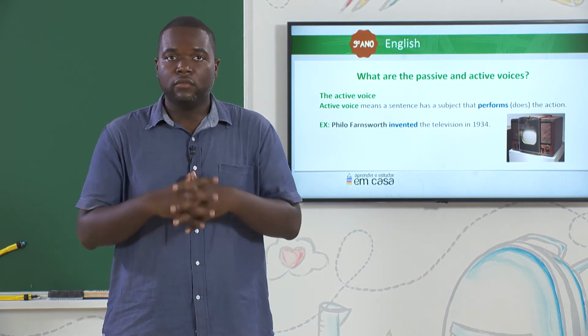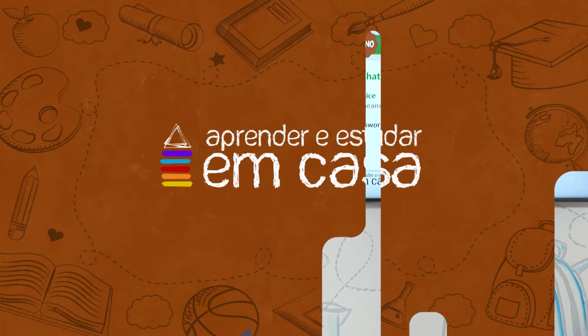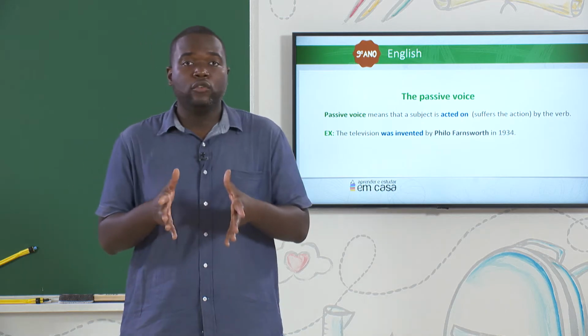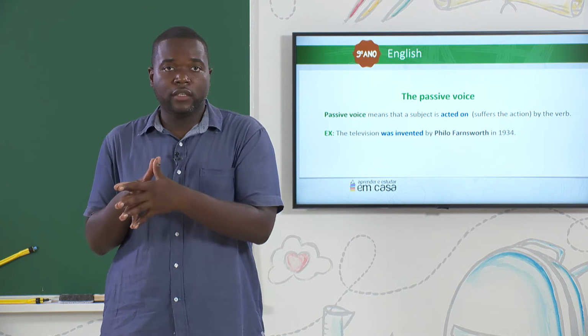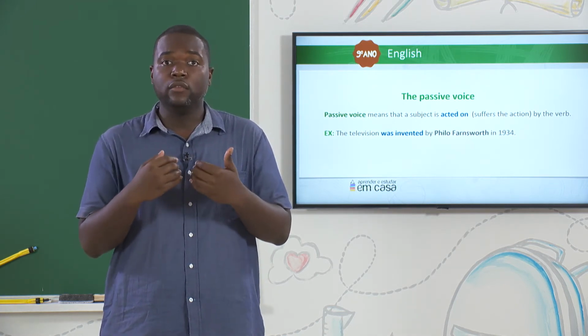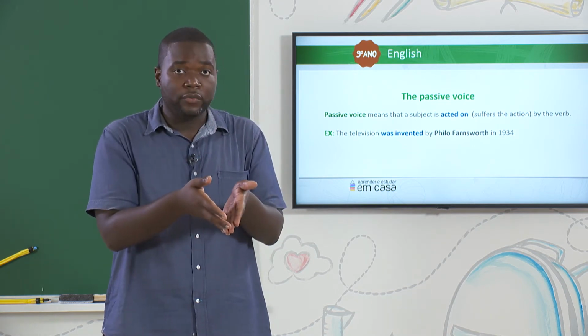Now let's see about the passive. Now what about the passive voice? Well, the passive voice means that a subject is acted on or suffers the action by the verb. For example, the television was invented by Philo Farnsworth in 1934. Well, students, that's the main difference between the active and the passive. In the active voice, you have the subject, and he's the one that does the action, all right?